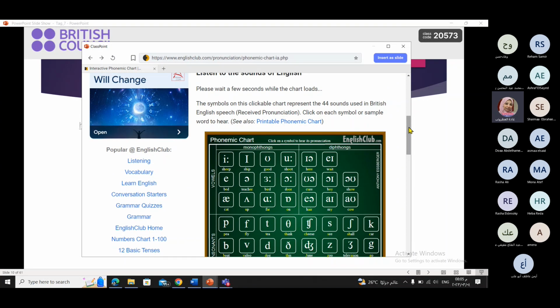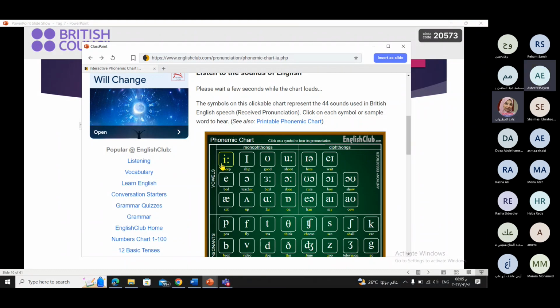Do you teach your students this phonemic chart? Do you depend on this chart when teaching pronunciation? Sometimes we use this phonemic chart to help our students differentiate between different sounds and how to pronounce them.